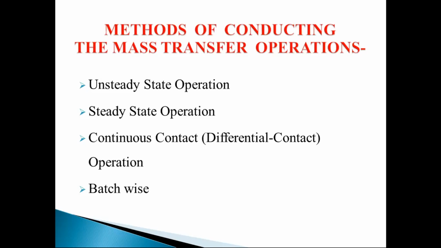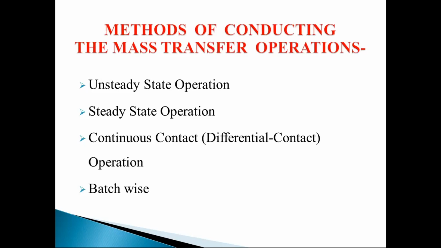So unsteady state operation means it is the characteristic of unsteady state operation that concentration at any point in the apparatus changes with time. If any property changes with time, it is known as unsteady state operation. And steady state operation means property does not change with time, means it does not vary with time.